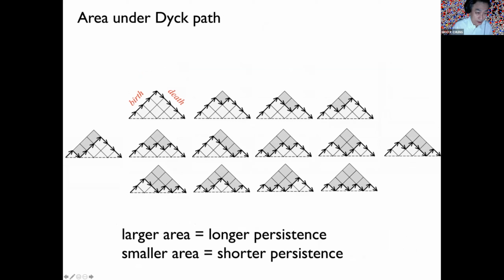Now, if you have a path like this, we have a very large persistence here. Now, if you look at these cases, it's fluctuating, and that usually means it's high frequency noise with a small persistence. That means the area below this Dyck path is very small compared to the large area here.